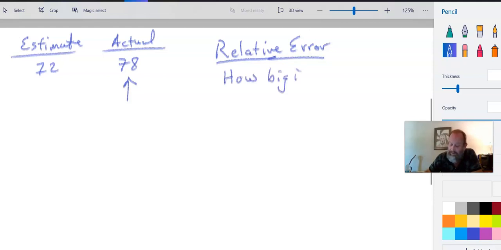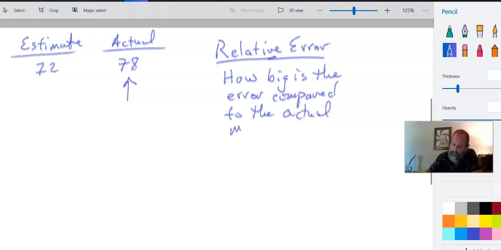How big is the error compared to the actual value, or the measured value? Right?